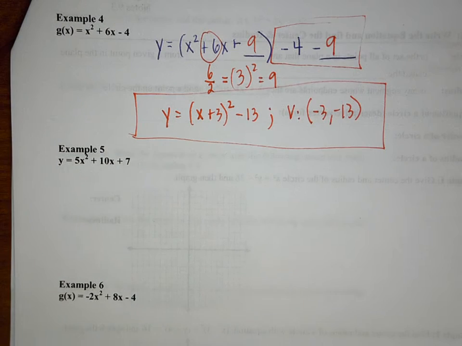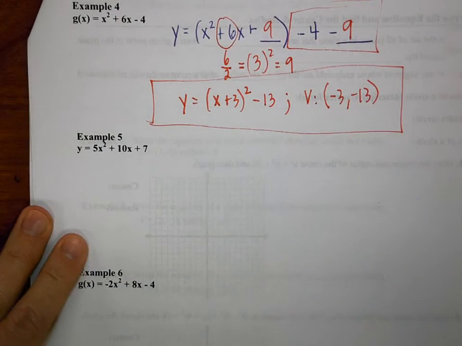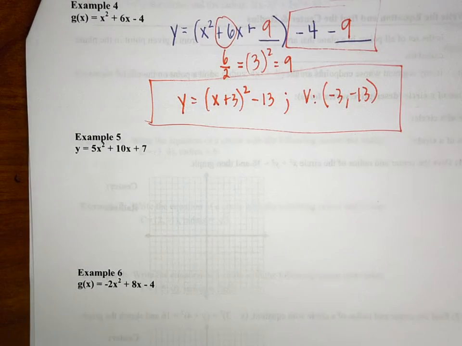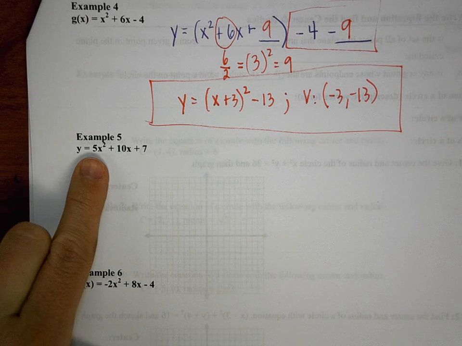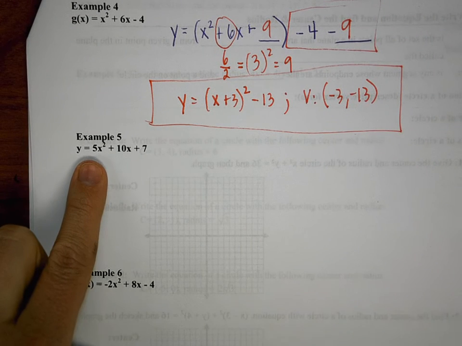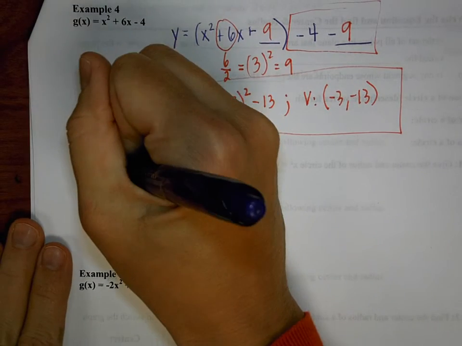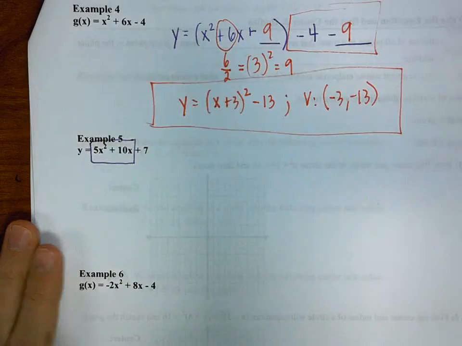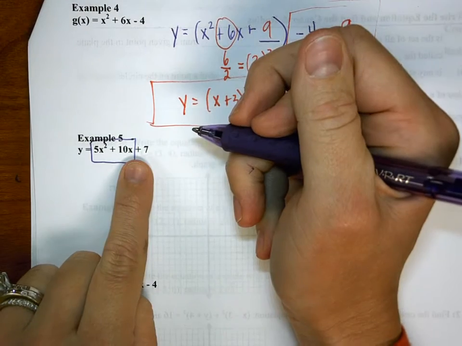Okay, questions? All right, what is different about example 5 from example 4? You have an a value here in front, and when you are completing the square, you do not want an a value. Okay, so this is how we deal with it. Again, remember, we're only looking at these first two terms to begin with. So could I take 5 out of 10?